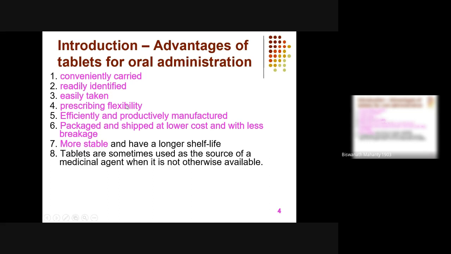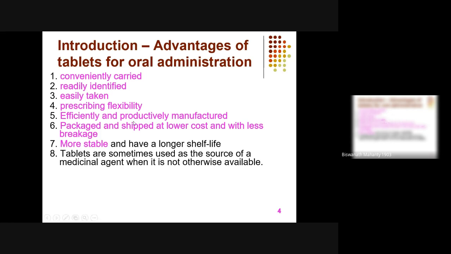Tablets are also efficiently and productively manufactured, that is true. In a large scale industry, they can produce 3 to 5 lakhs of tablets per day, which is not at all a big job for big industries producing coated or uncoated formulations. They can do it very easily.